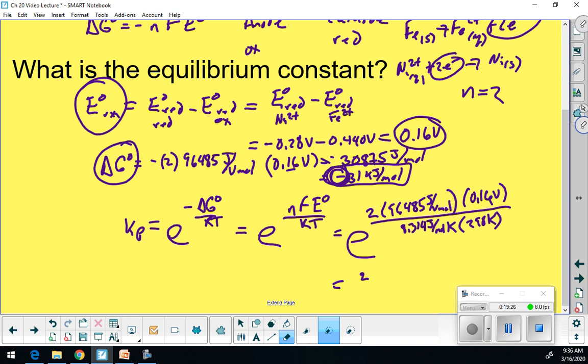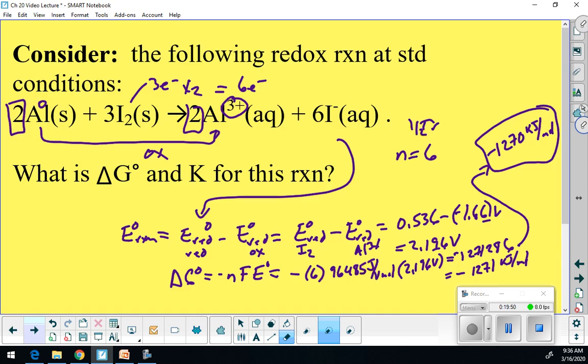I get 258,000. I probably can only get 2 sigs out of this, so let's call it 260,000 would be my equilibrium constant. You guys do the equilibrium constant right here.